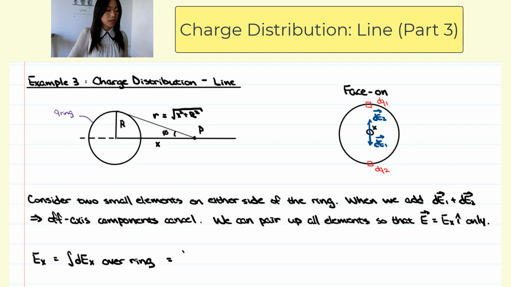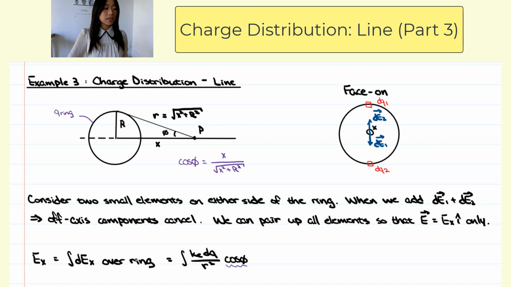which equals the integral of Coulomb's constant times dq divided by r squared, distance squared. And since we are focusing on the x component, times cosine phi. Using the triangle we have here, cosine phi equals adjacent over the hypotenuse, which is x over the square root of x squared plus R squared, the radius squared.